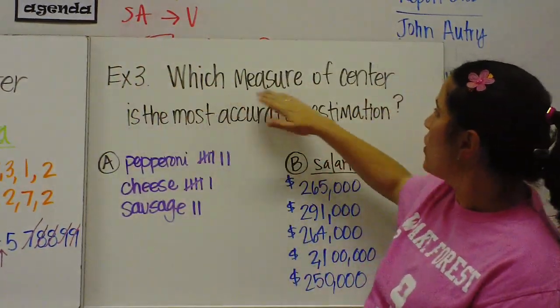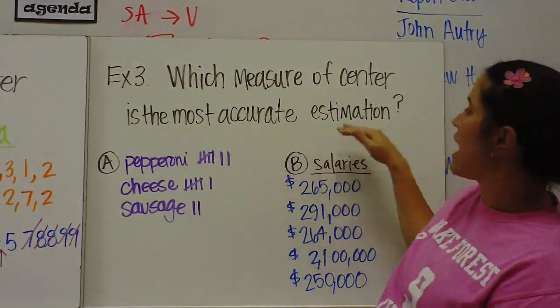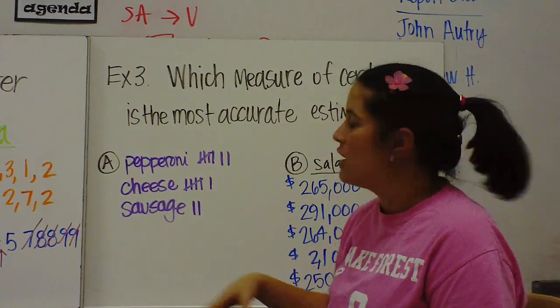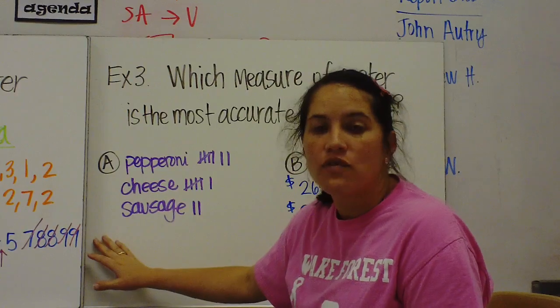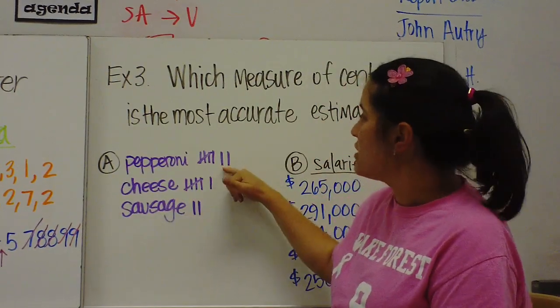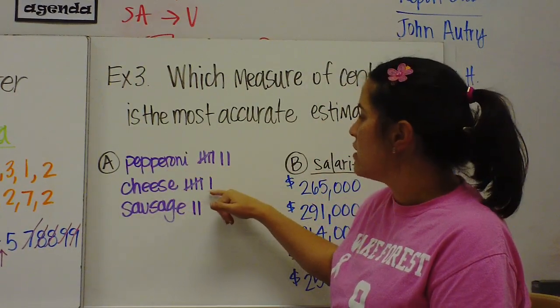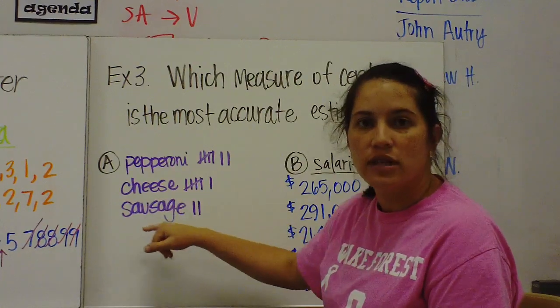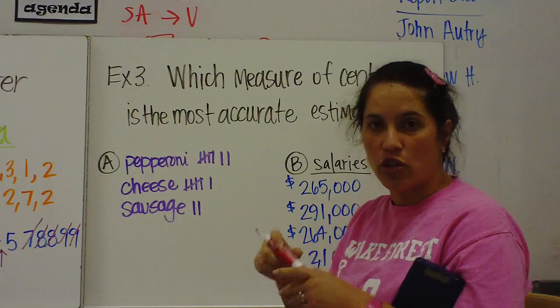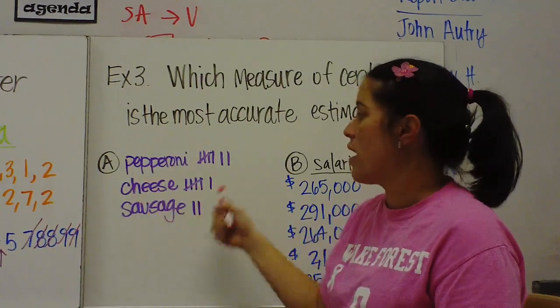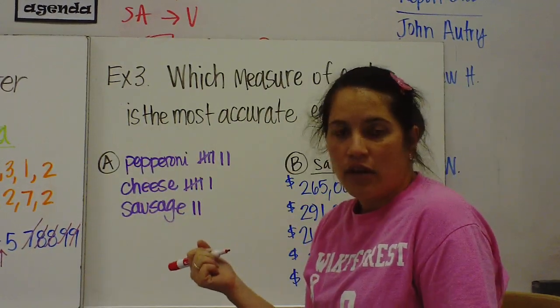Alright, example 3. Which measure of center is the most accurate estimation? So we have here, A. We took a survey of people's favorite pizza, and 7 people said pepperoni, 6 people said cheese, and 2 people said sausage. So which measure would we use to describe this data, mean, median, or mode?